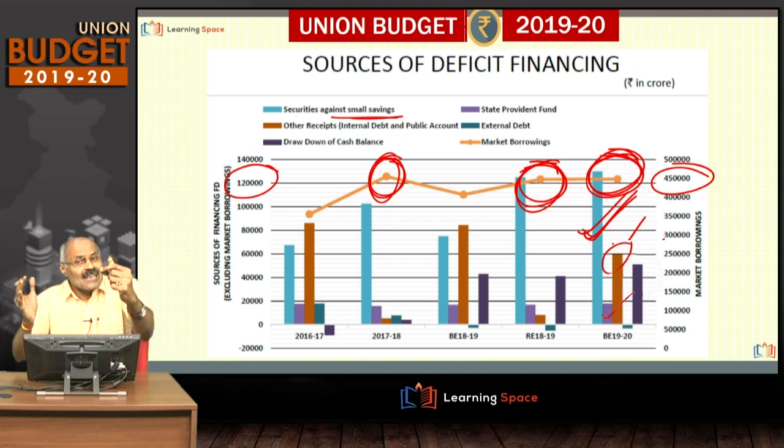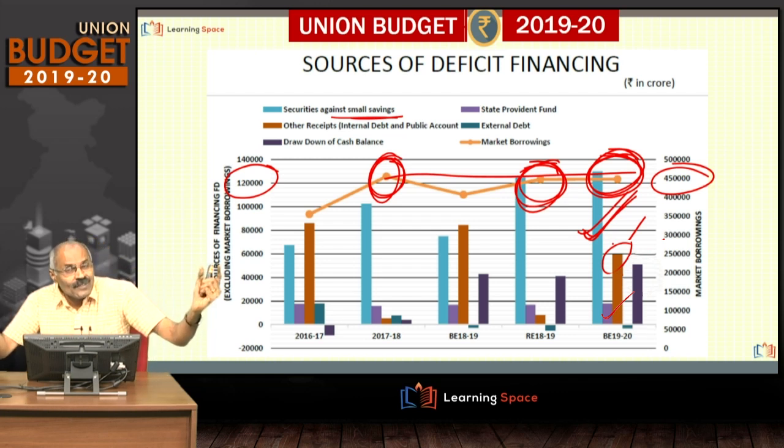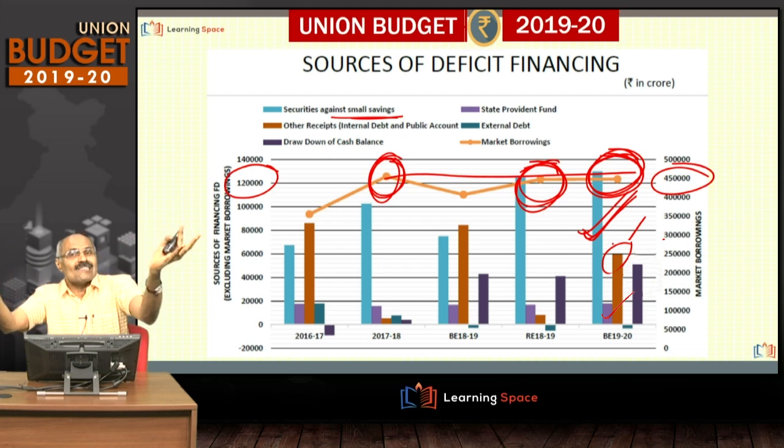Friends, the government's step of almost keeping the market borrowings at the same level, and accessing more and more from small savings and provident funds, what is the repercussion of it? The important aspect to note here is, because of that, it prevents crowding out of private investments. Very important point. It makes the money available for the private sector sufficient, right? So friends, the money available for the private sector will not be reduced. Because of that, it prevents crowding out of private investments.